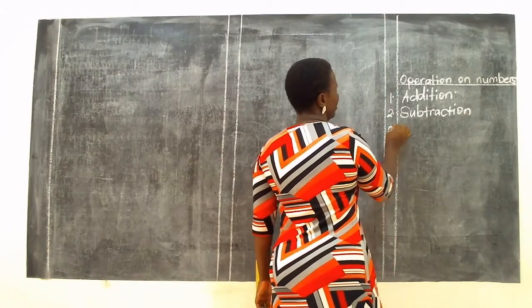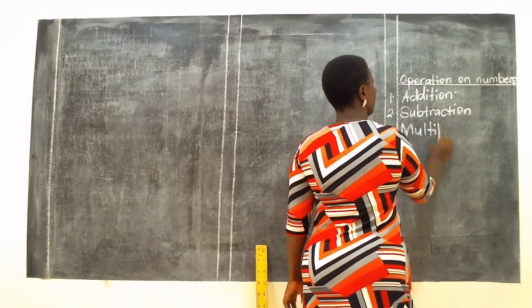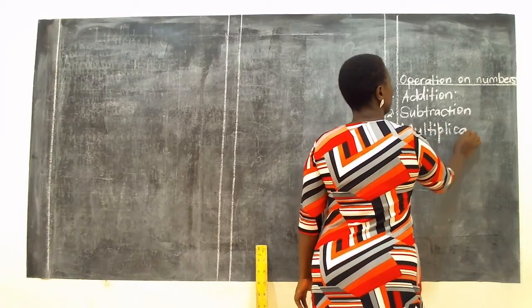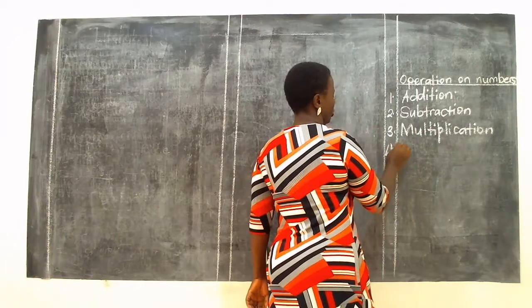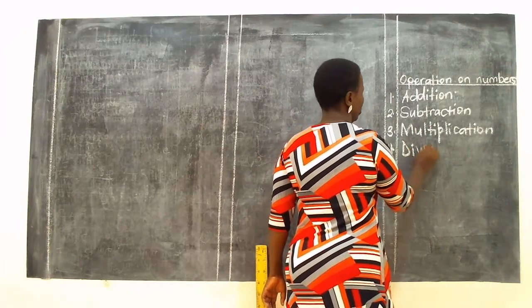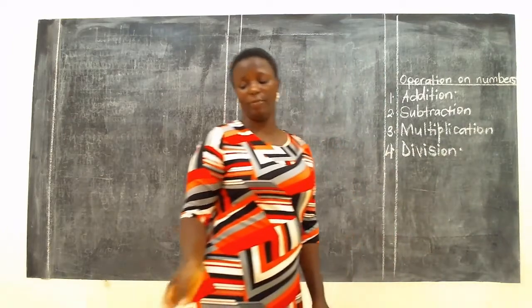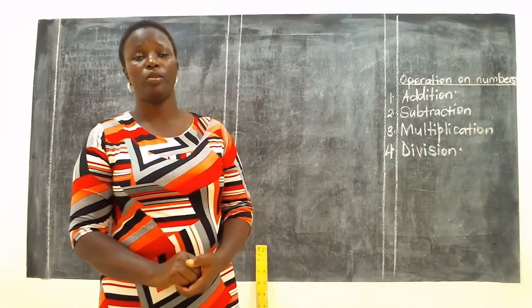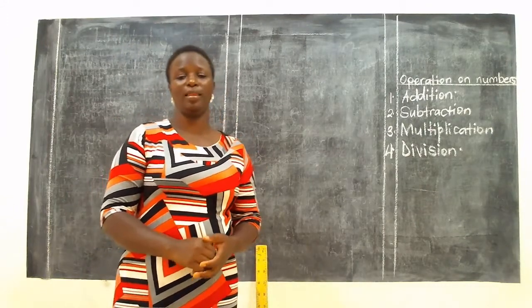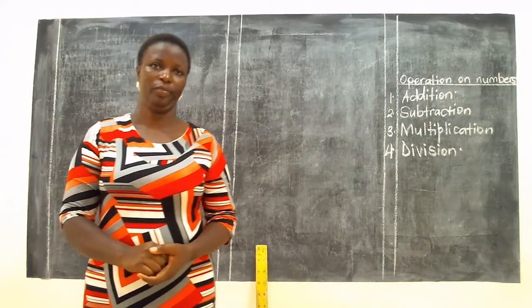The third one is multiplication. And the fourth operation is division. So those are the 4 major operations on numbers. And today we are going to look at the first operation on numbers, which is addition.